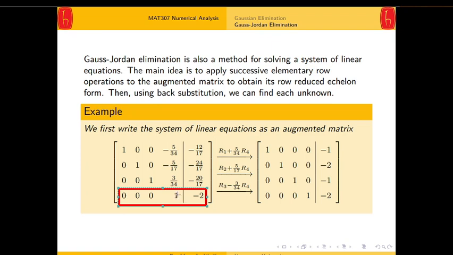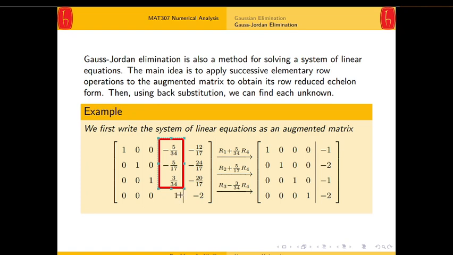Okay, and also we need to eliminate all the other entries in the fourth column, because the leading entry must be the only non-zero entry in its column. So all of these have to be 0.